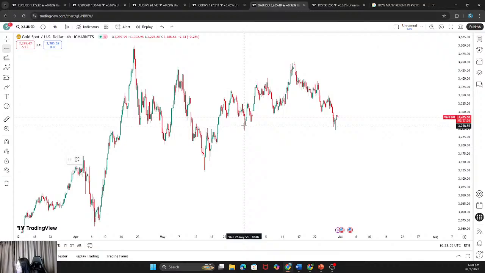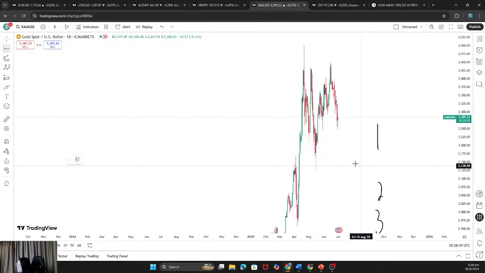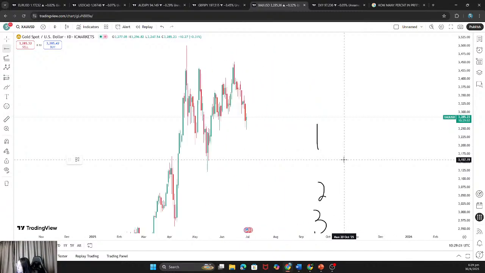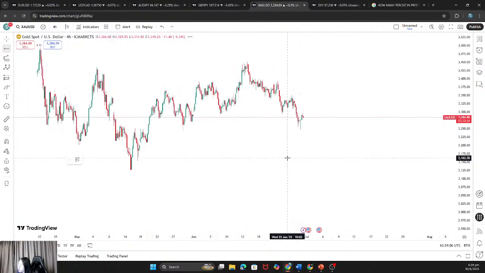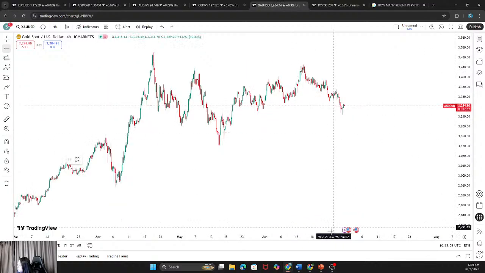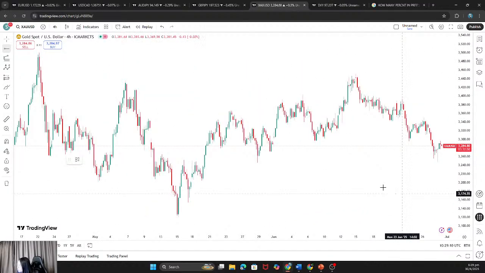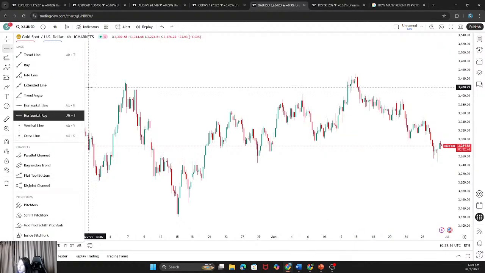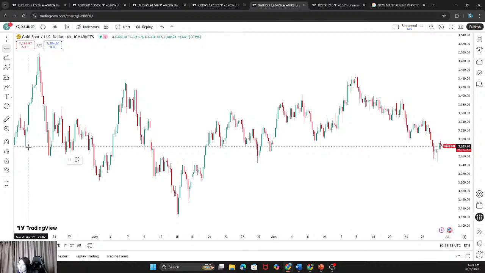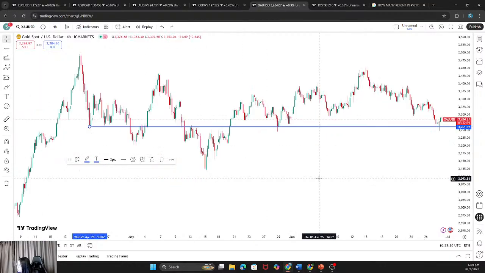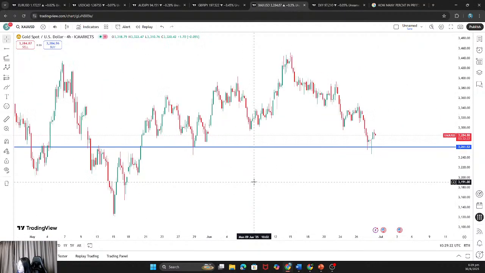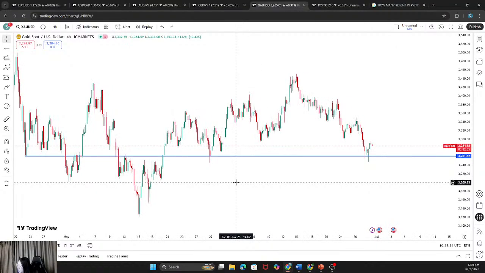I don't think it's gonna be here. Give me a moment. It could be here, honestly. Honestly, the buy could be here right now. This looks like a very nice, clean structure.